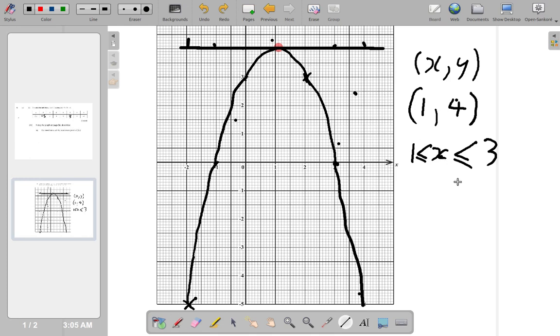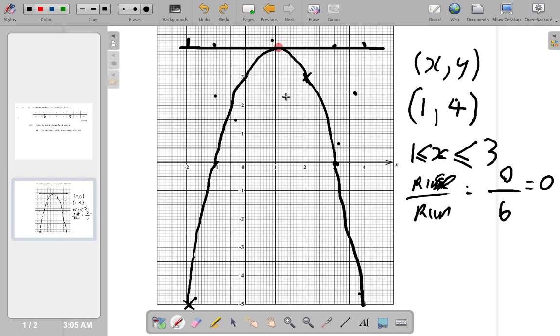Well, it would run 6 units. So if I use rise over run for the gradient, what's the run? 6 units for that example. What's the rise? You notice there's no rise, so it's 0. So it's 0 over 6, which is 0. In any case, you should know that the gradient of a horizontal line is 0.